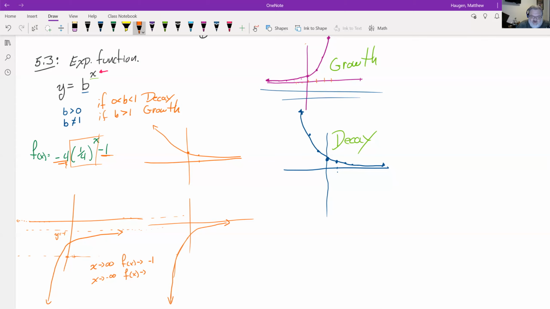Wouldn't it also be here somewhere, approaching negative infinity? Yeah. As we go in this direction, what are the function values doing? They're going more and more and more that way, right? That was my first thought. And then I overthought it.